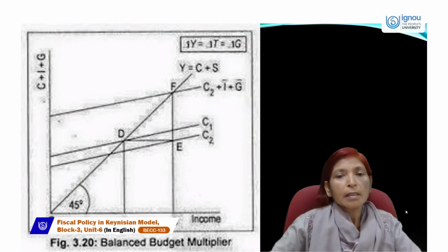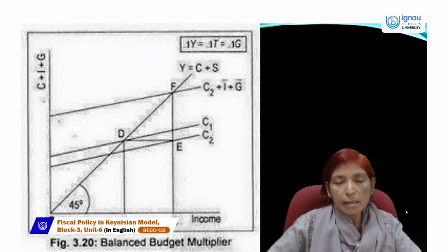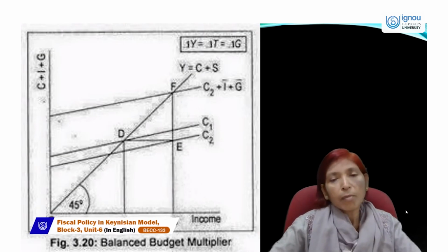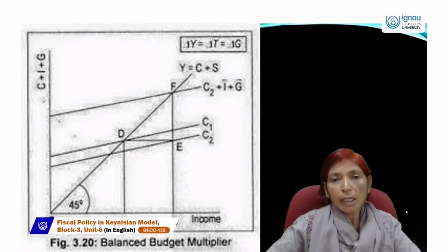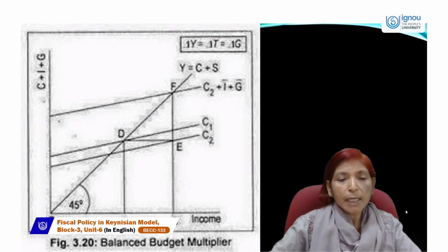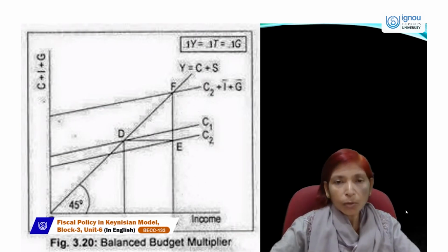And next, balanced budget multiplier shows that if government spending increases, then income will increase by a multiple. And if government expenditures and government revenues both are equal, then the budget will be in balance. So in this case, the consumption curve always starts from the y-axis, because we know that consumption can never be zero.